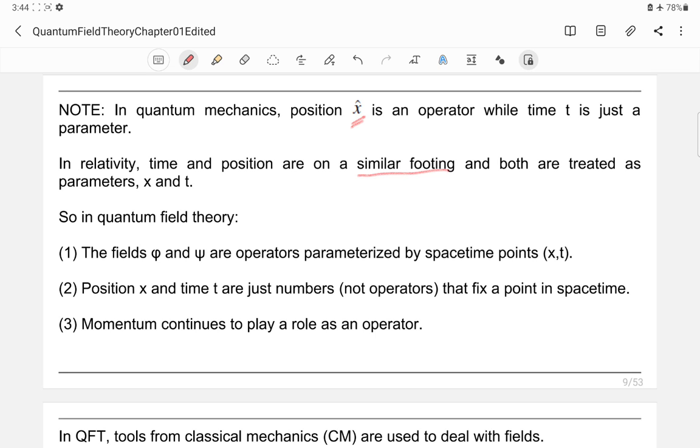So in quantum field theory, your fields are operators parameterized by space-time points x, t. Position and time are just numbers, not operators, and momentum continues to play as an operator.